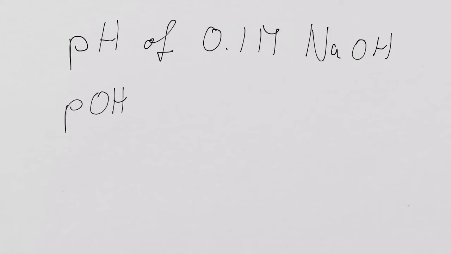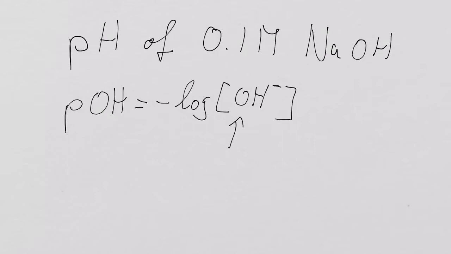pOH equals minus log of the OH minus concentration. OH minus concentration would be, since it is a strong base, 0.1. So the pOH equals 1.